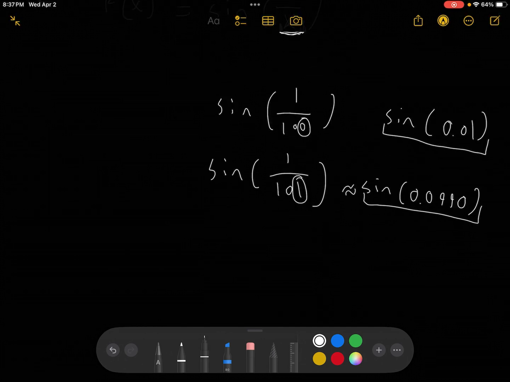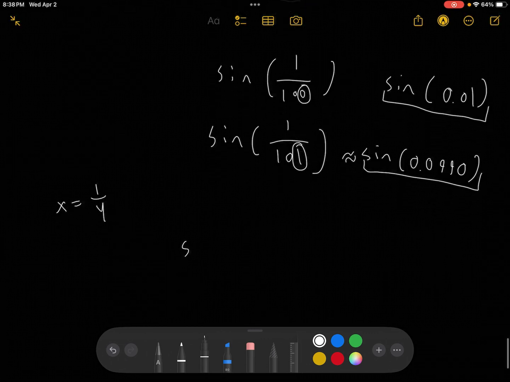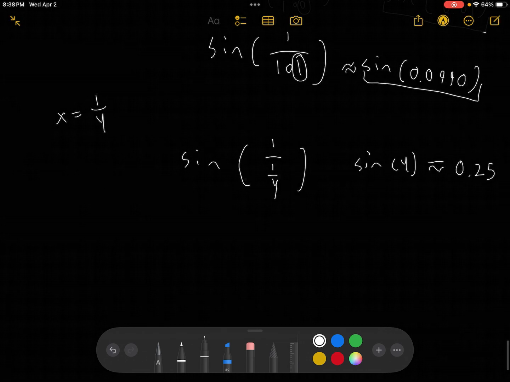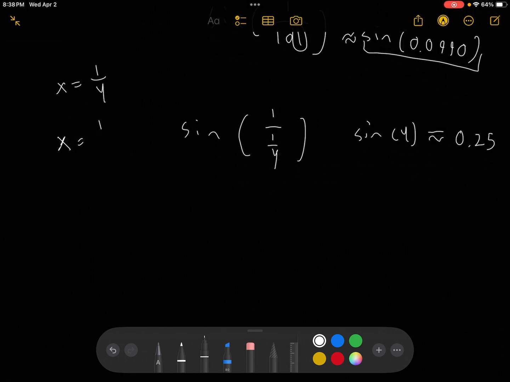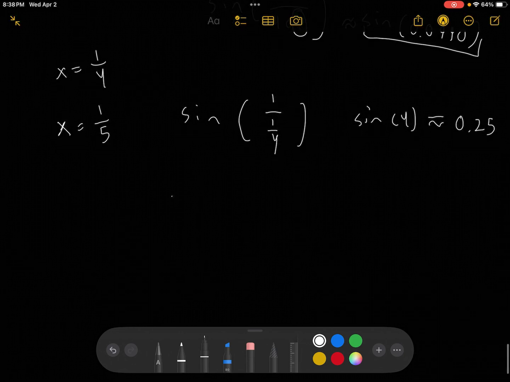But if we instead take really small values for x, so let's evaluate this function at x equals 1 over 4. So this will be sine of 1 over 1 over 4, or sine of 4, which is approximately 0.25. And then let's evaluate the function at a different point, really close to 1 over 4, like 1 over 5.